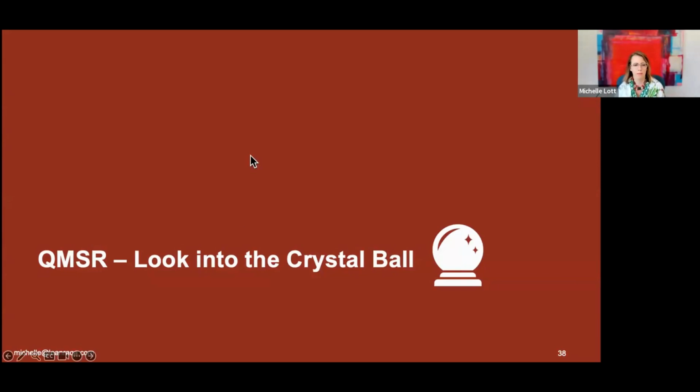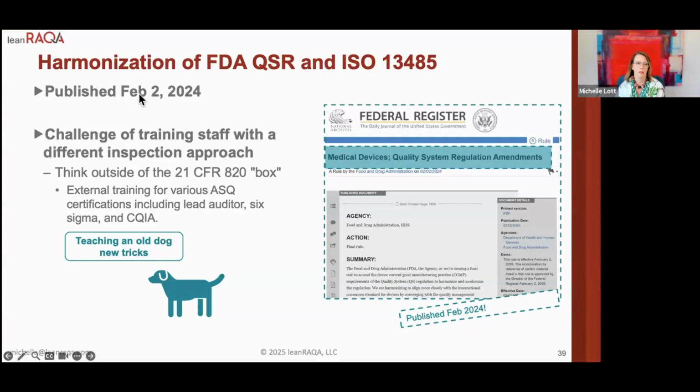Okay, moving on. As you all know, the QMSR was finally published on February 2nd, 2024, and we have until February of 2026 for full implementation. On the surface, my first thought was that we're going to have a challenge because they've got all this staff to train in a totally different inspection approach.